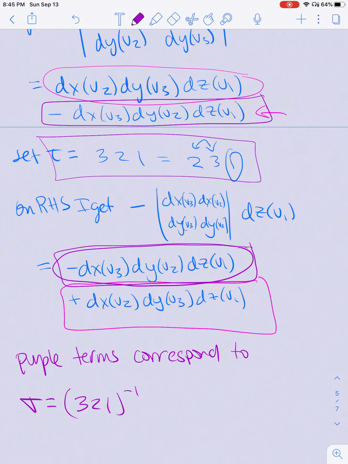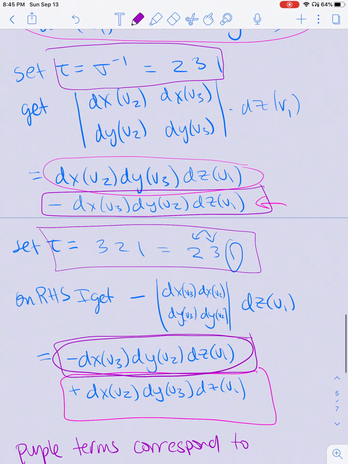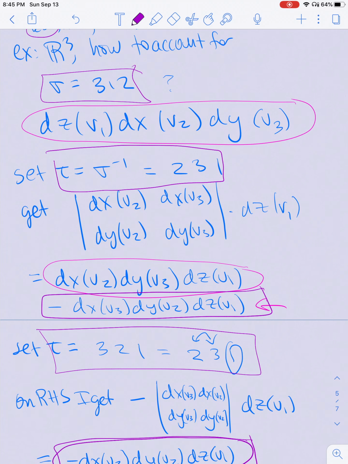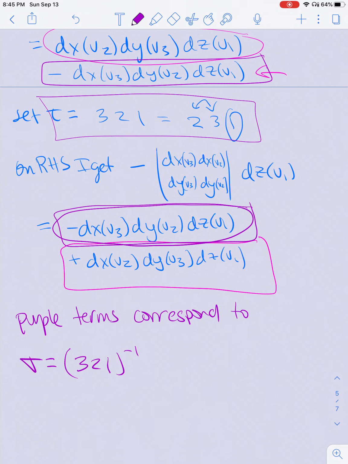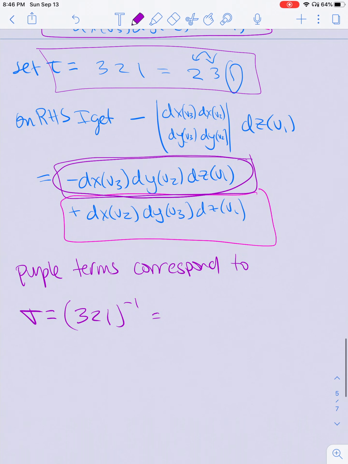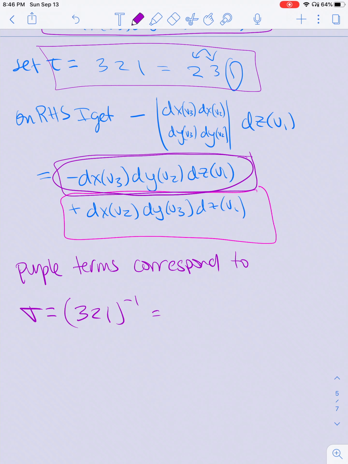So, right, because everything on the right-hand side also has to be accounted for on the left-hand side. And 3, 2, 1 inverse, well, it's whatever I set to get 3, 2, 1, which is 3, 2, 1, it's actually its own inverse.